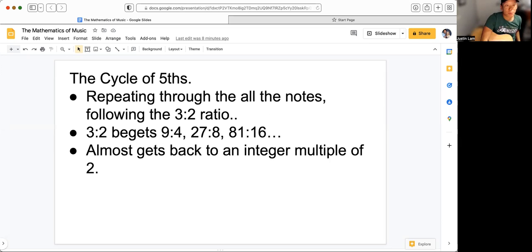But if I repeat this for all the notes, and keep going up and down the keyboard, it almost gets me back to an integer multiple of 2, but not quite. As you see, the ratio of 3:2 begets a 9:4 ratio, and then if I take 3:2 of that against 9:4, I get 27:8, 81:16, etcetera.